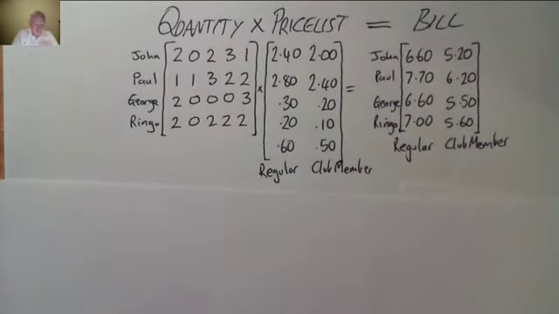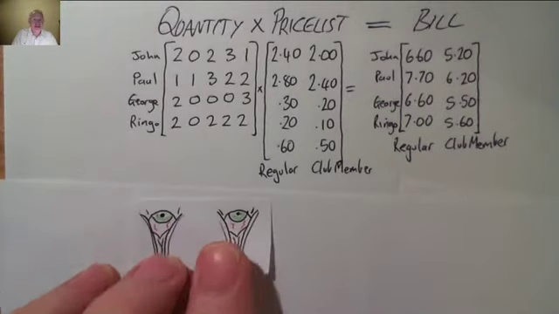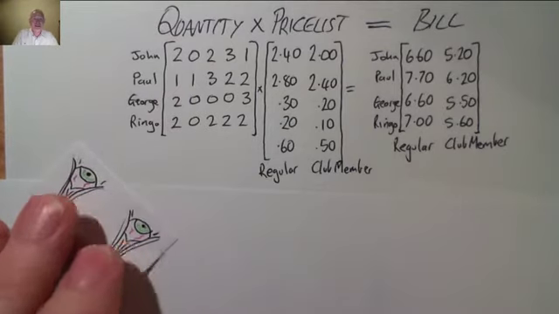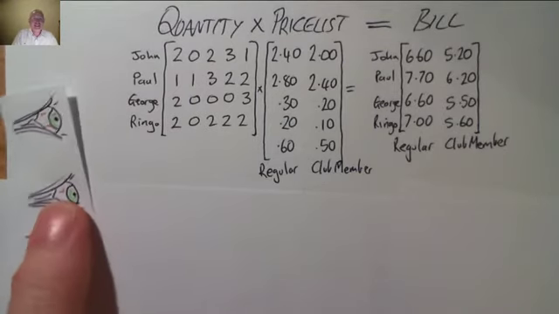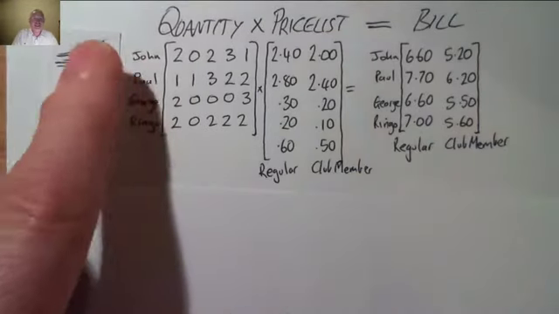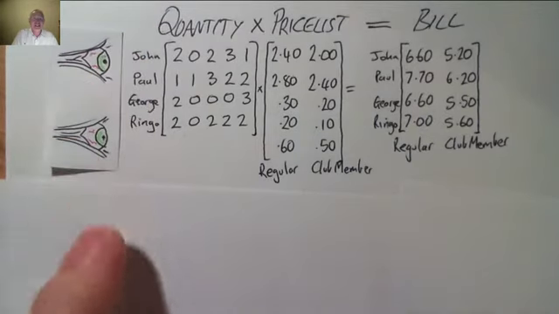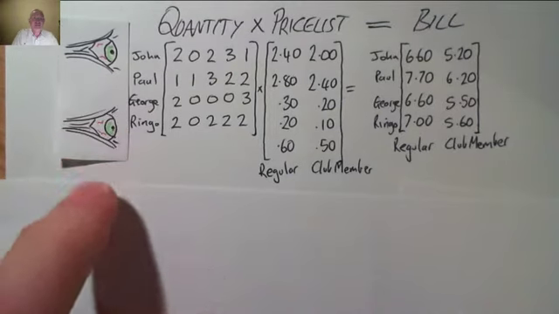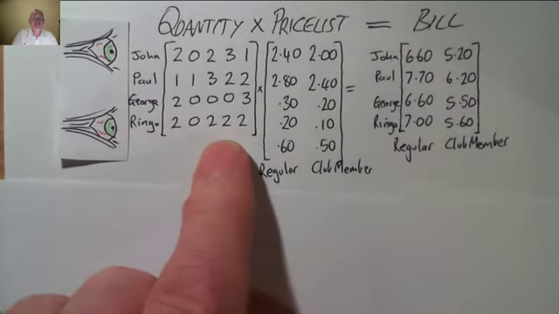To make this a bit clearer, I've got a set of eyes here. It's a bit spooky, isn't it? Here are my eyes roaming around, and I want to show you that if I look at this first matrix side on, all I'm seeing is 4 rows. I can't see that there are 5 columns.